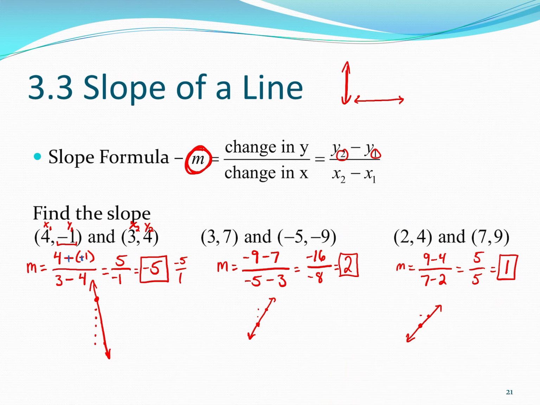Now, also notice that as you look at each of these graphs from left to right, if the graph goes down from left to right, then it is considered to be a negative slope. So this first one is -5. You notice that it goes down as you look at it from left to right. The other two are positive slopes. They go up as you look at them from left to right.